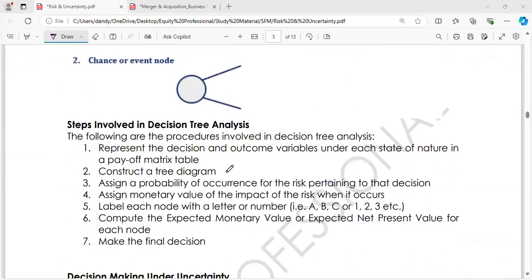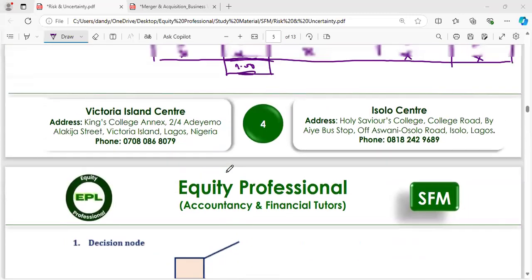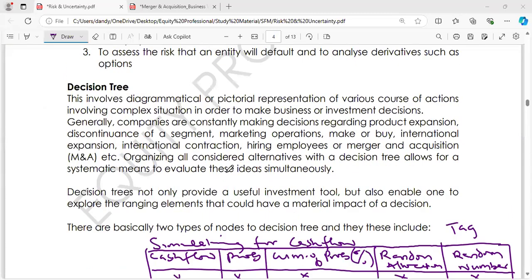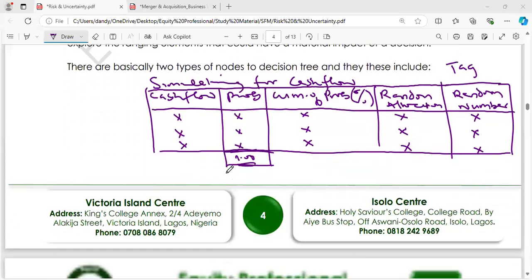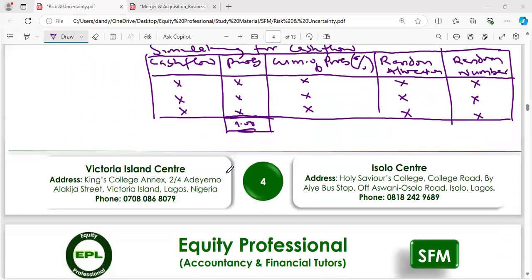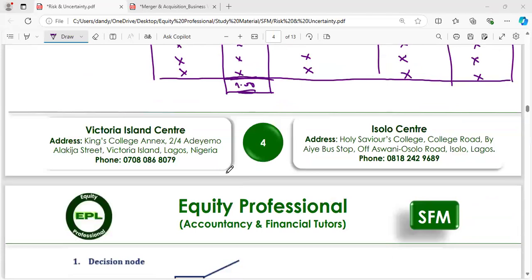So in making investing decision using decision tree, the most important thing to do is to construct a payoff matrix table.